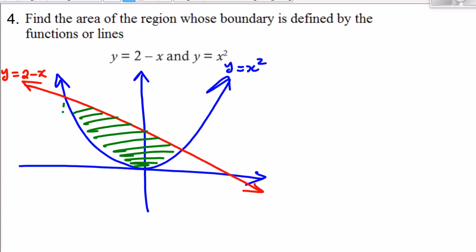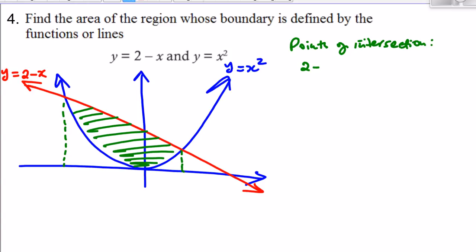What we need to find are the x values at the points of intersection where the two curves meet. So points of intersection, we're just interested in the x values.